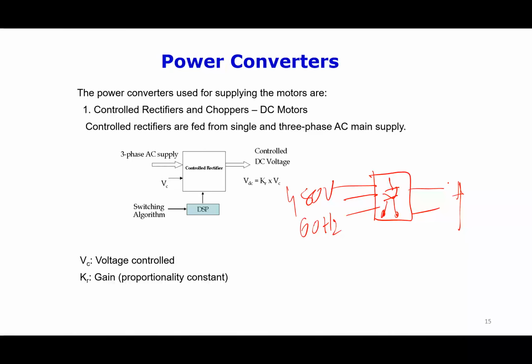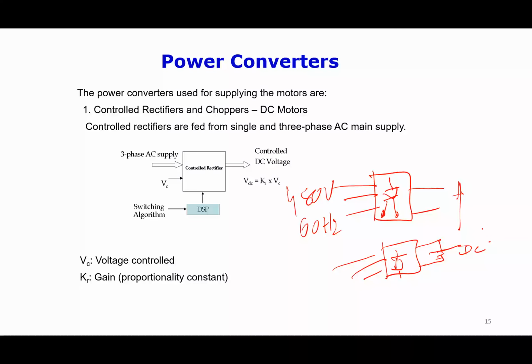Instead of thyristors, if you use a diode bridge rectifier, it gives a fixed DC voltage. You cannot vary the voltage. The diode bridge rectifier will not be able to control the output voltage, whereas the thyristor controlled rectifier is able to vary it.